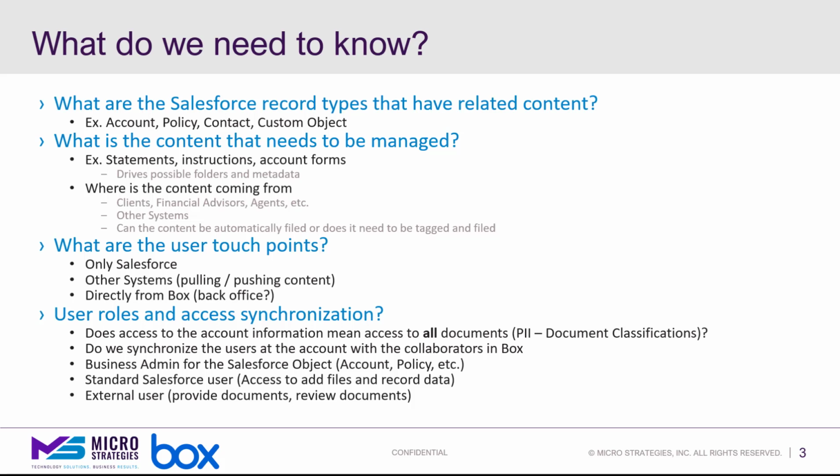Functional role perspective, business admin for sales objects, or standard Salesforce user who can just access to add files and record data? As well as, is there an external user, somebody who provides documents and then reviews documents? So understanding the user roles and access synchronization is important.